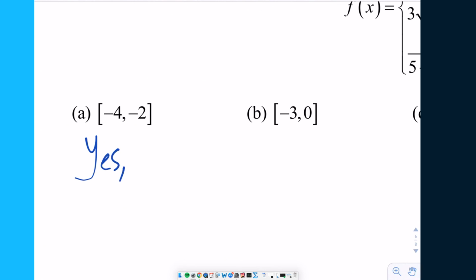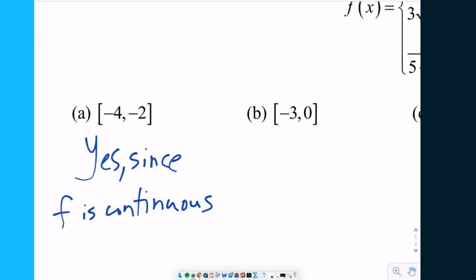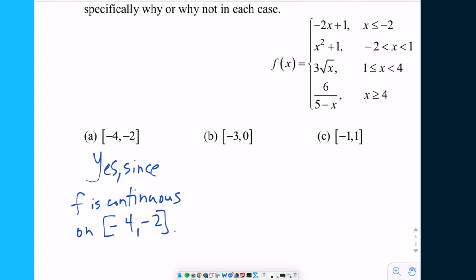That's the affirmative. And then the justification will be since f is continuous on the interval from -4 to -2. When you answer it like that, that is showing that you understand what's required for it to apply: continuous on that closed interval.